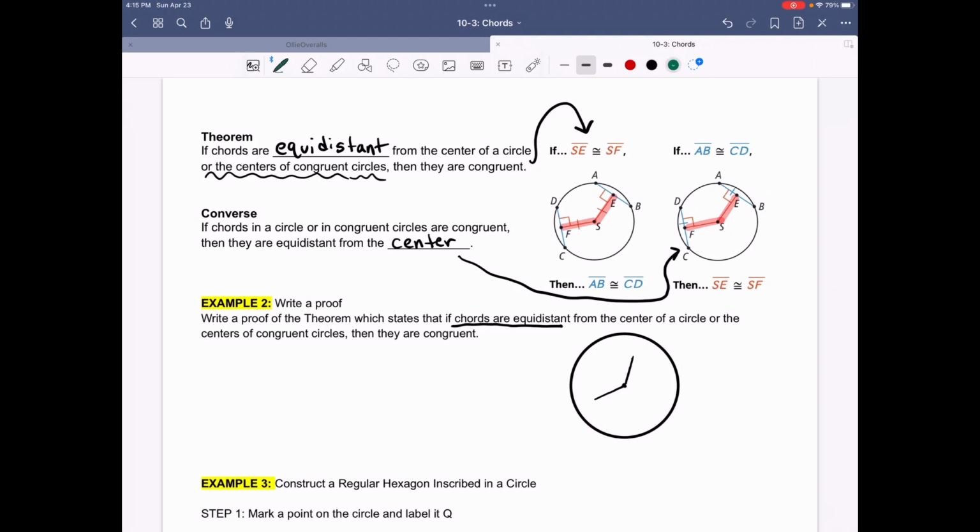And then I'm going to draw the chords. I think it has to be in the center of it too, so I don't know if this is going to look perfect, but I'm going to do my best.